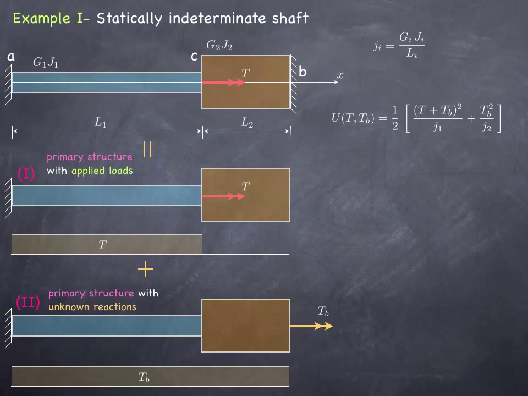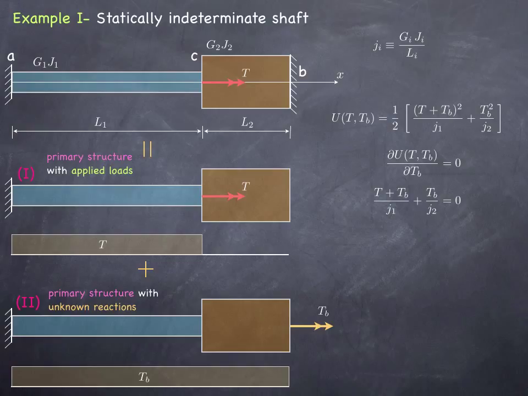It's simply a half of T plus TB squared over J1, for the first segment of the beam, since that's how much torque it has, T plus TB. The second portion has only TB, so the internal energy for that segment is a half of TB squared over J2. If I differentiate that result with respect to TB and set it equal to 0, I obtain a second equation besides the equilibrium equation.